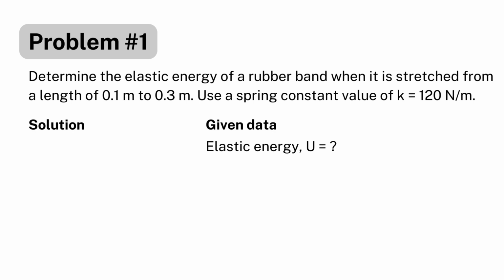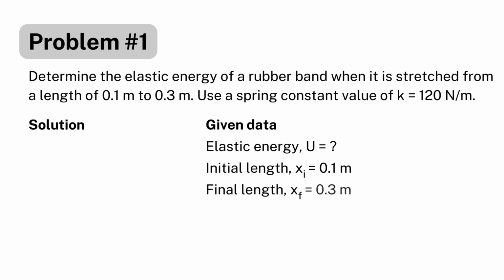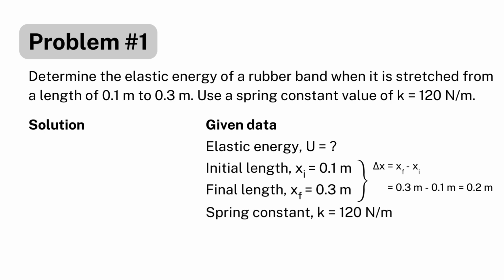The initial length is given as x initial equals 0.1 meter, and the final length is given as x final equals 0.3 meter. Therefore, the displacement, delta x, is equal to x final minus x initial, which gives the value as 0.2 meter. Also, the spring constant value is given as K equals 120 newton per meter.